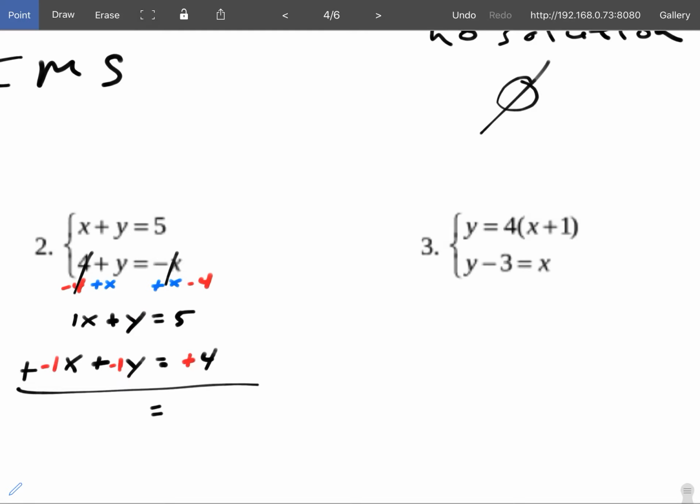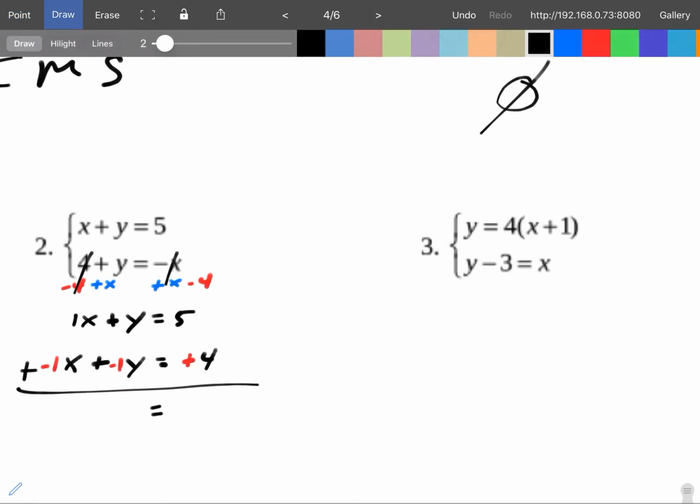And you add the y's together, they cancel out. So that's good. You get 0. So on the left-hand side, you now have 0 equals, and the right-hand side, you have 9. So 0 equals 9, is that true or false? False. Good, so that's false.